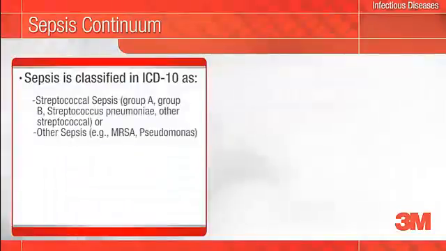What's new in ICD-10 with the Sepsis Continuum? Sepsis is classified to one of two categories in ICD-10, either streptococcal sepsis or other sepsis. Streptococcal sepsis is further specified as being due to Group A or Group B streptococcus, Streptococcus pneumoniae, or other streptococcal infection.